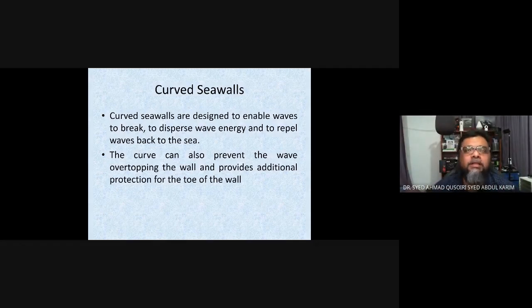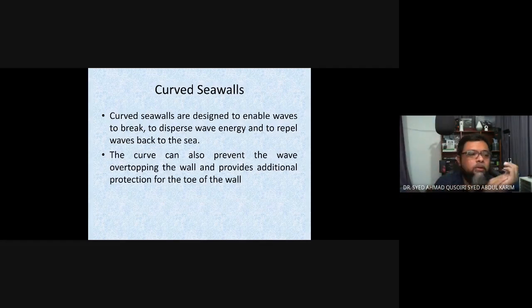So the curved seawall is an innovation from the flat vertical seawall. It breaks and disperses the energy and repels the waves back to the sea. It prevents the wave from overtopping, meaning that the wave will not go beyond the height of the wall itself.